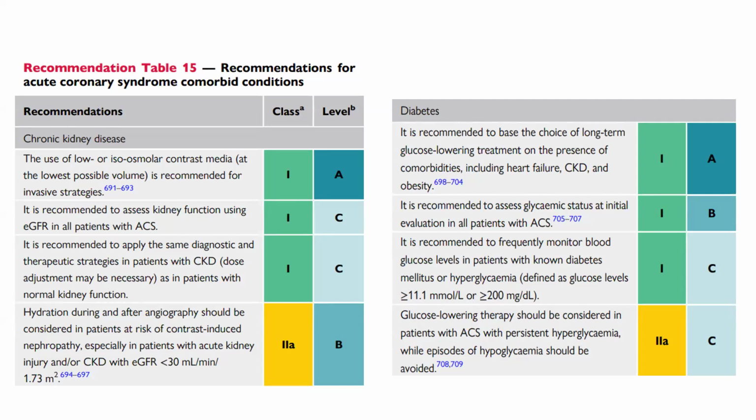The 2017 guideline mentioned specifically to keep it less than 10, not above 10, but the new guideline says we should lower it, but with no particular cutoff, while preventing hypoglycemia.